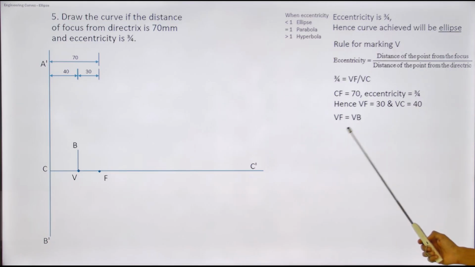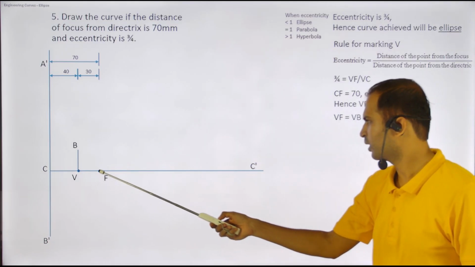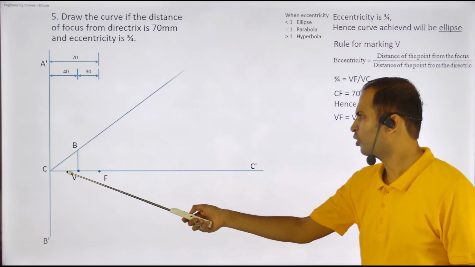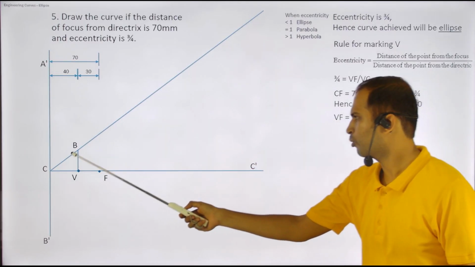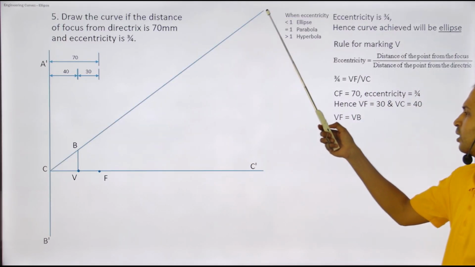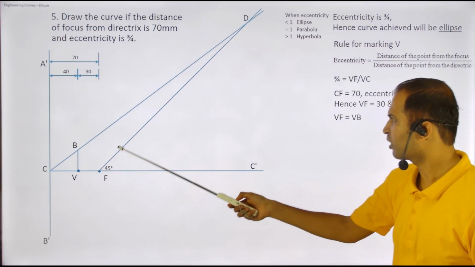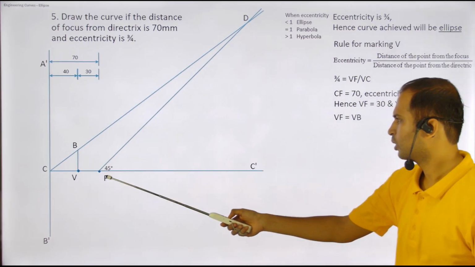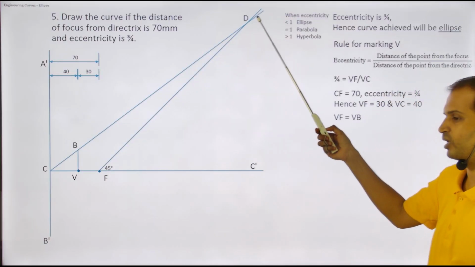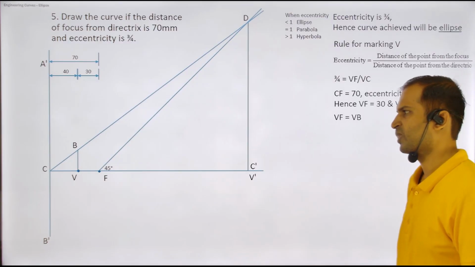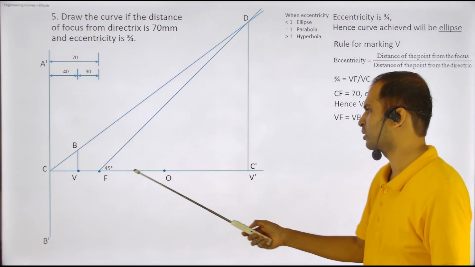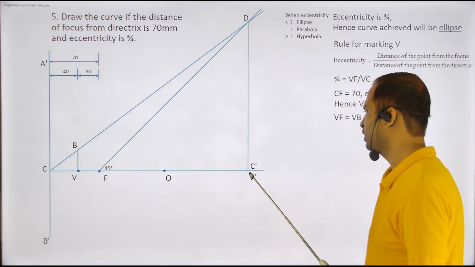I take VF equal to VB. So I take this length and mark VB. I will draw a line from here. Now see, the construction is a little different. I'm going to draw a 45-degree line also from this point. And then you start with the same process. Take any random point, and I'm going to mark the center of this, V dash and V.